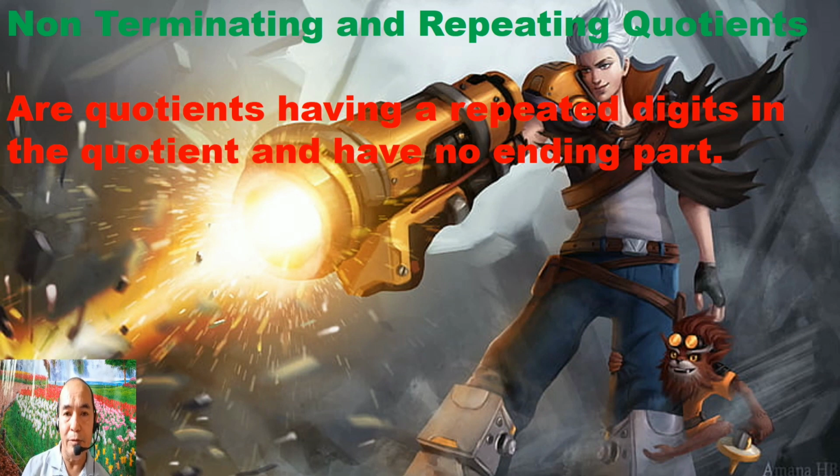But you will not be able to end the division. It will be a continuous 3, 3, 3 and no ending at all. So if it is a 6, then it is a continuous number 6, meaning a repeated decimal. The number will be repeated and repeated all the way, and there will be no ending part.